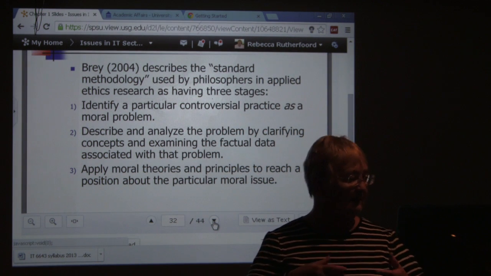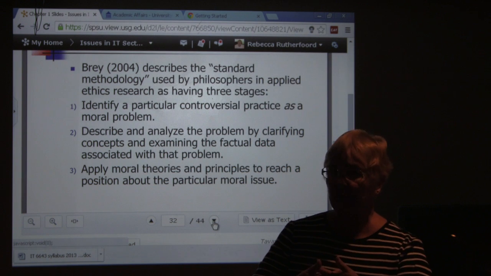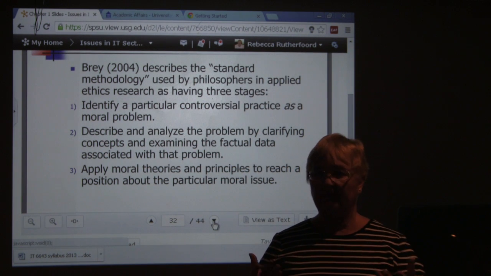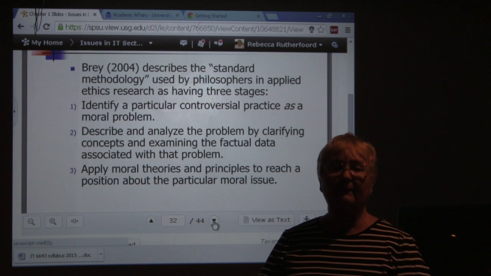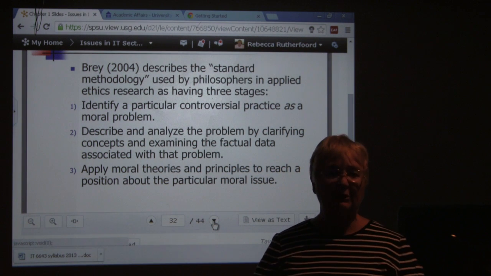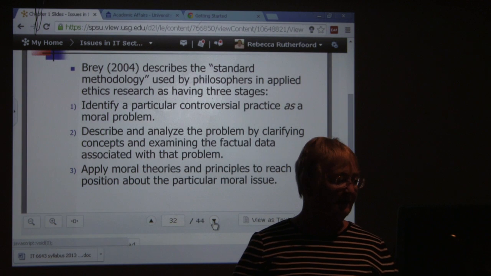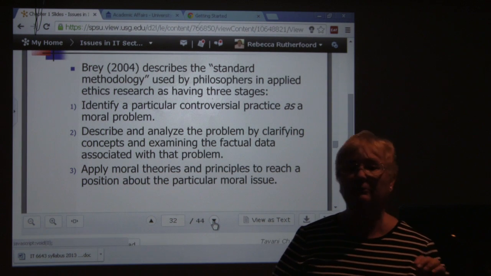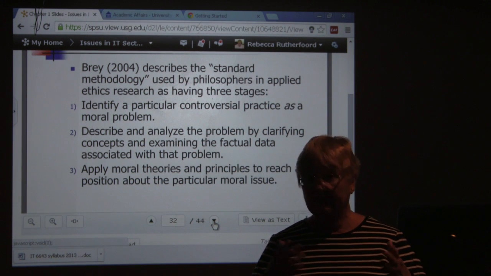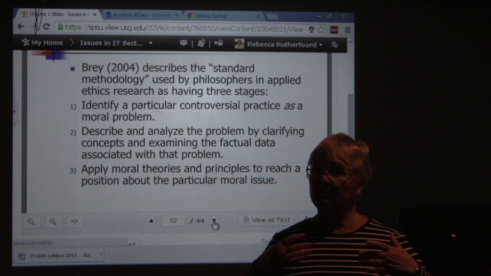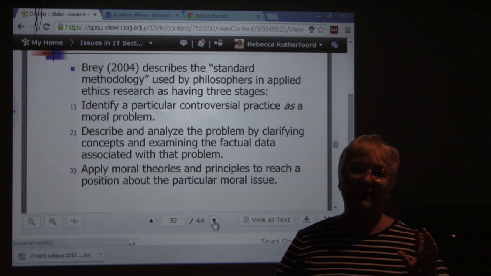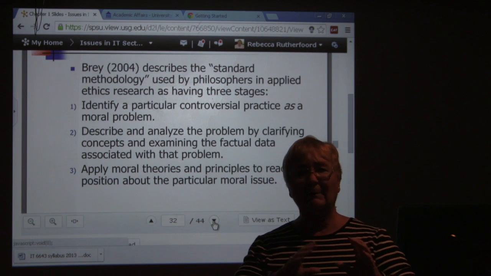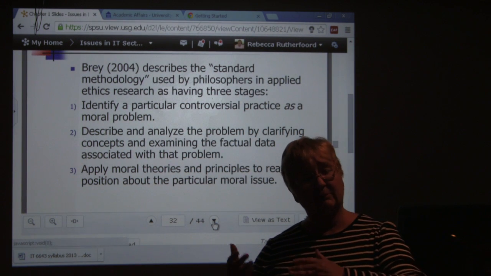When we look at the ethical research that has been done in this area for computing, it says there are really three stages. In this logical approach, you first identify a controversial practice or a dilemma, so you have to figure out what the problem is. Secondly, you describe the problem and analyze the possible solutions.